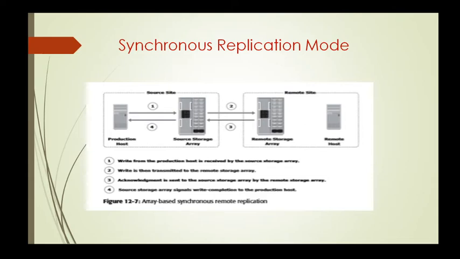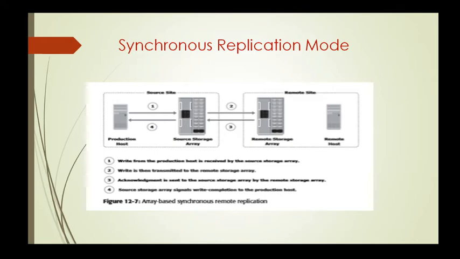Then this write is transmitted to the remote storage array. The third step is an acknowledgement is sent to the source storage array by the remote storage array. And at last, in the fourth step, the source storage array signals write completion to the production host. After these four steps take place, it is one complete write operation to the production host.